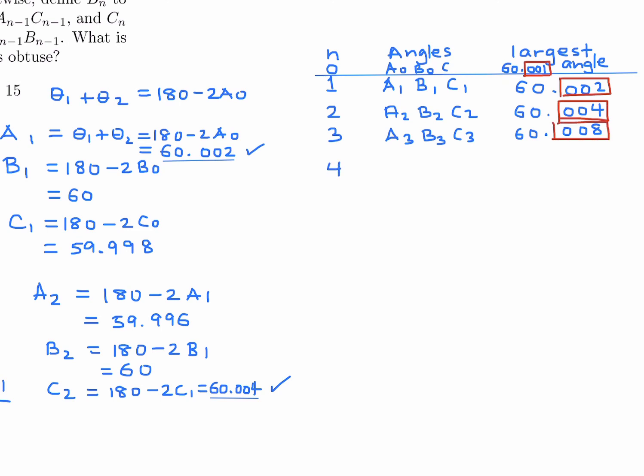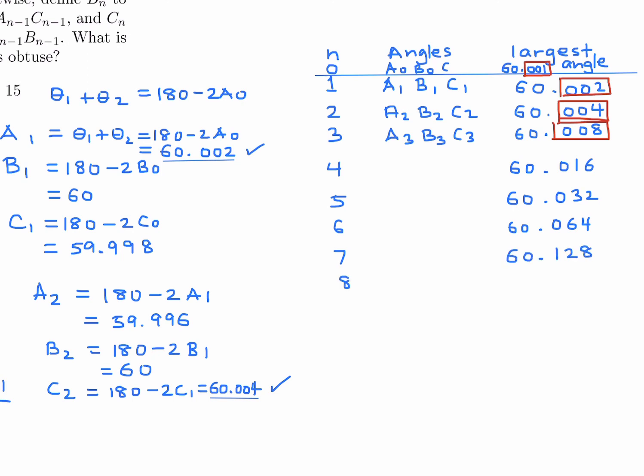I'll just do it really quickly. So this is going to be 60.016. When it's 5, it'll be 60.032. When it's 6, it will be 60.064. When it's 7, it will be 60.128.